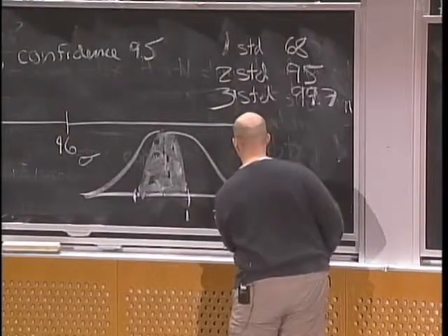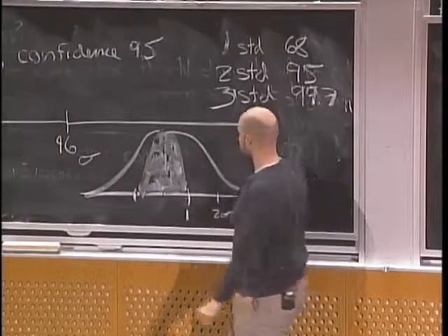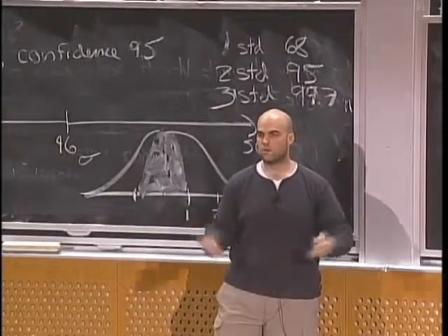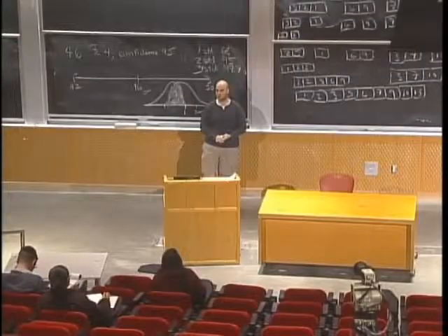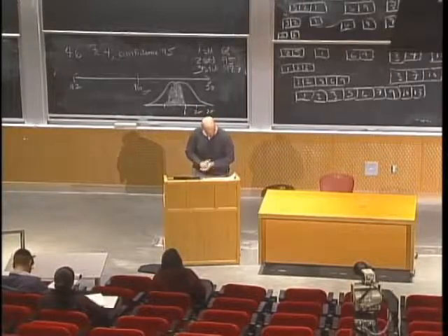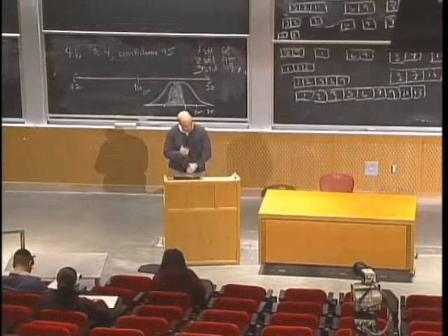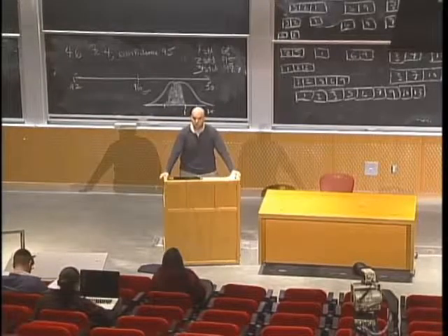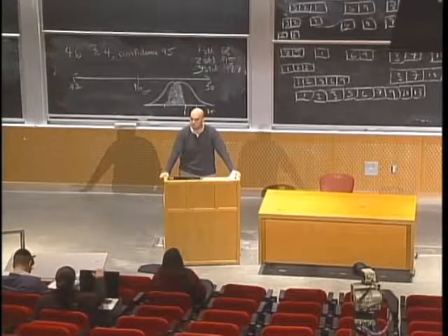And if you have 3 sigma, then 99.7 are going to be within 3 standard deviations of the mean. I think that's all you really need to know for the confidence intervals and levels, and also for normal distributions.